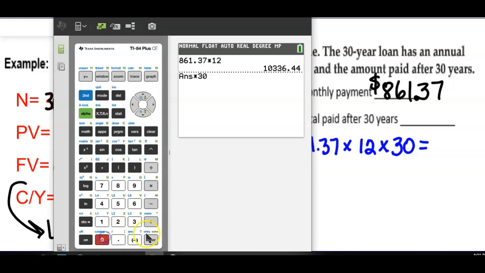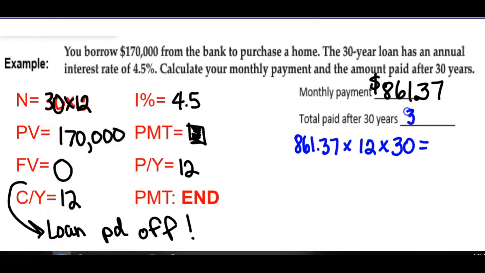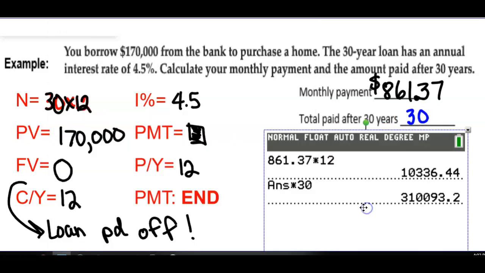For 30 years, we would have paid 310,093.20. So $310,000 total on a $170,000 loan.